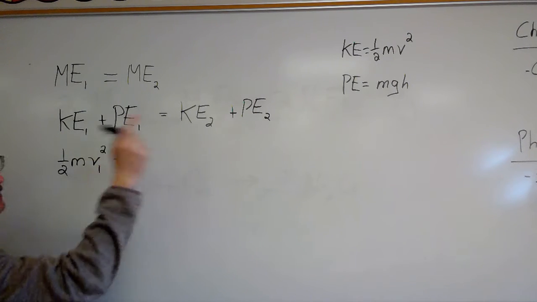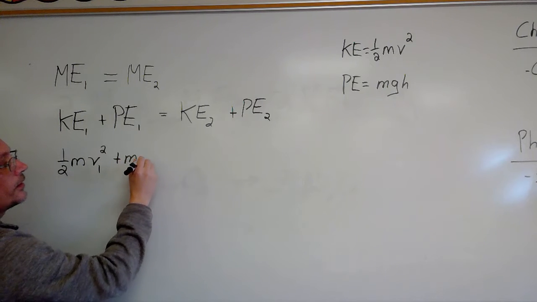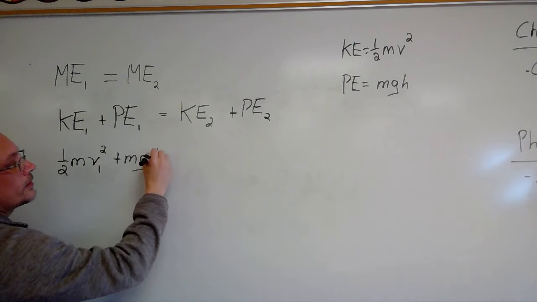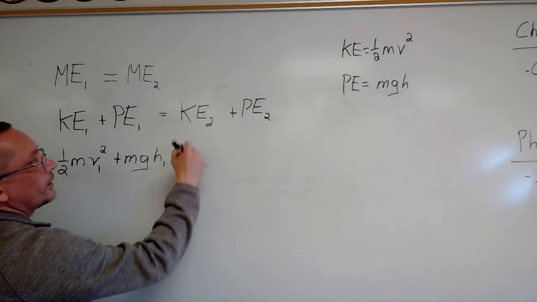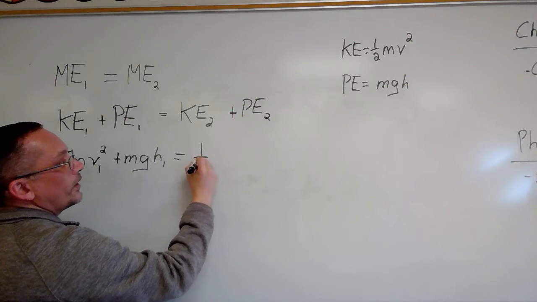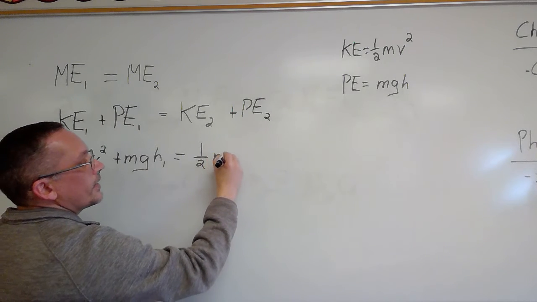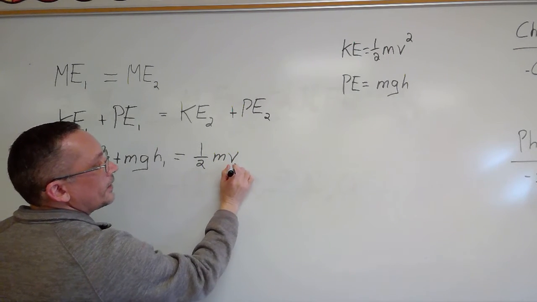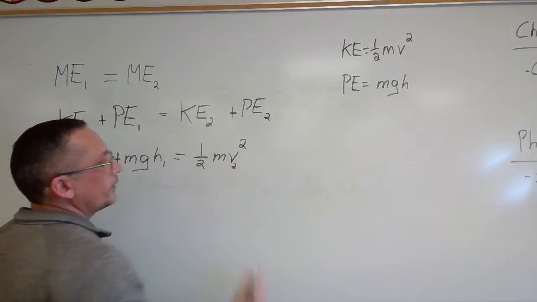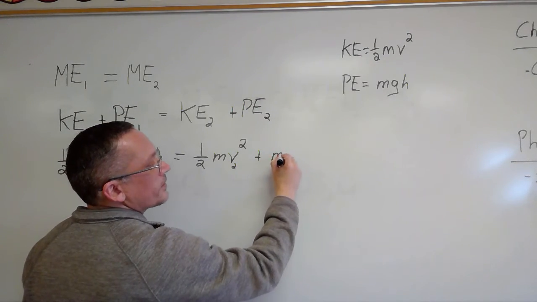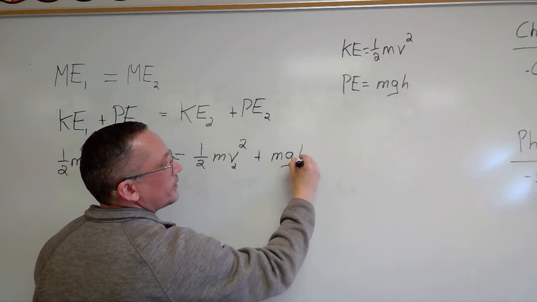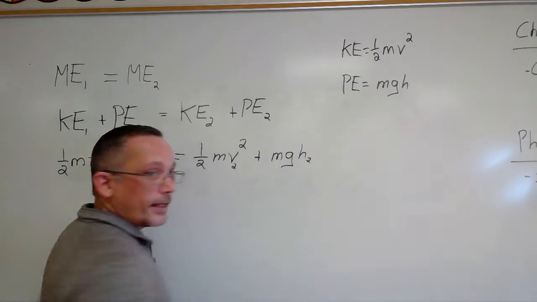And its potential energy at the beginning is its mass times g times its height at the beginning. Kinetic energy at the end is 1/2 times the mass times the velocity at the end squared. And its potential energy at the end is mass times g times the height at the end.